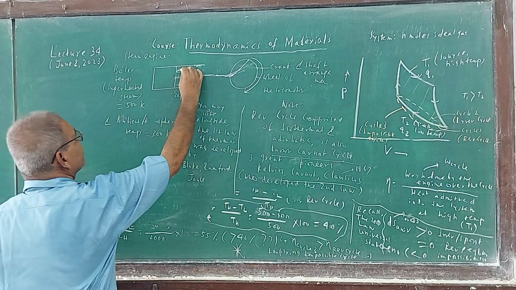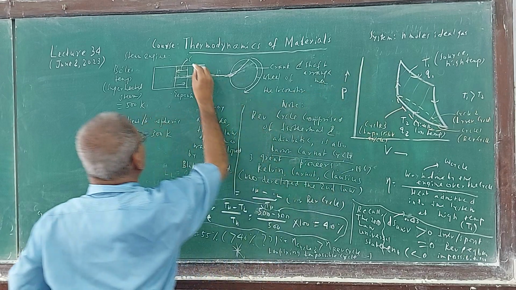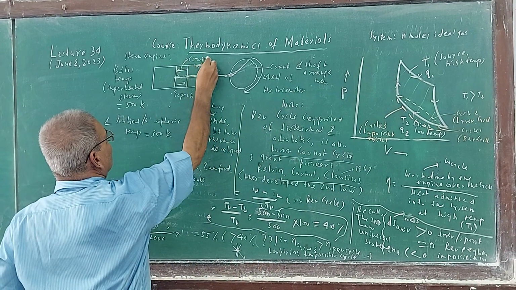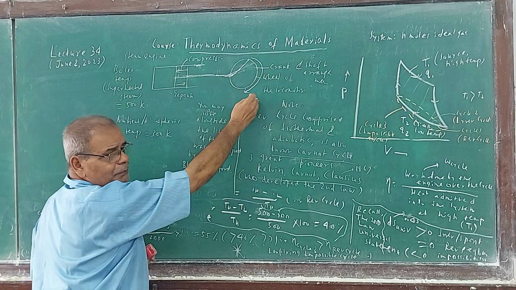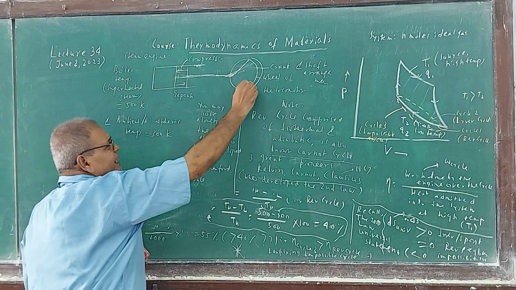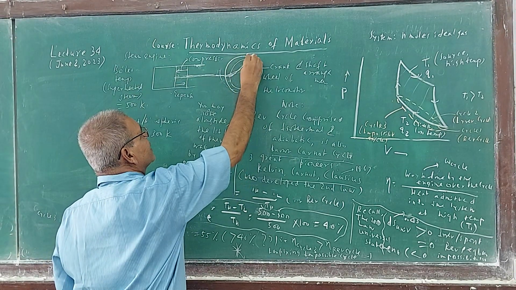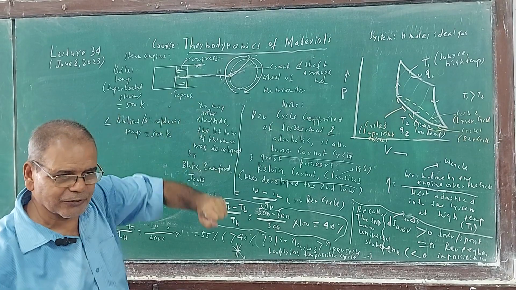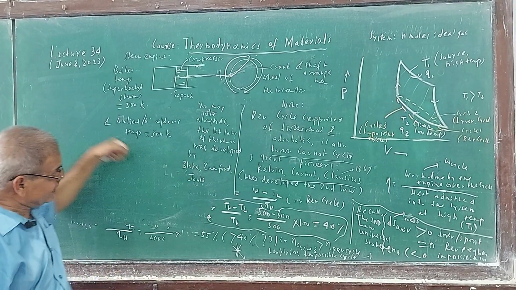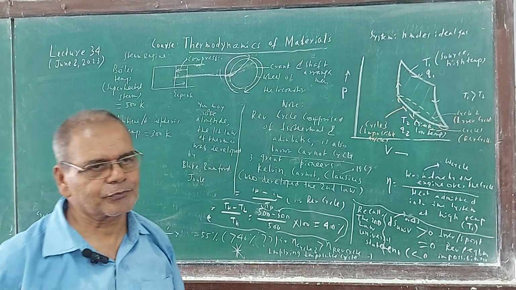Then when it returns, this is compression. It pulls this way, and it also pulls the other way, and that executes one cycle.